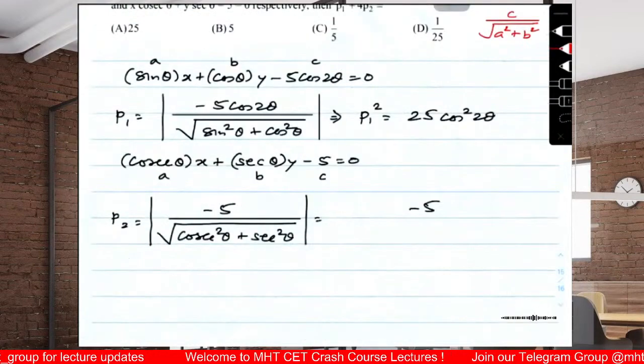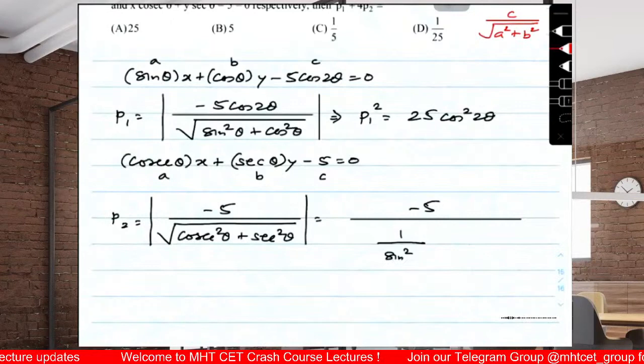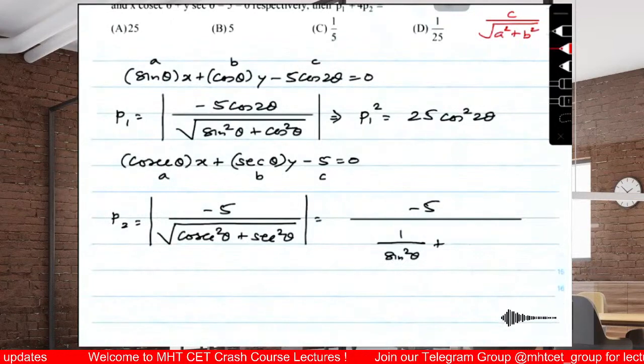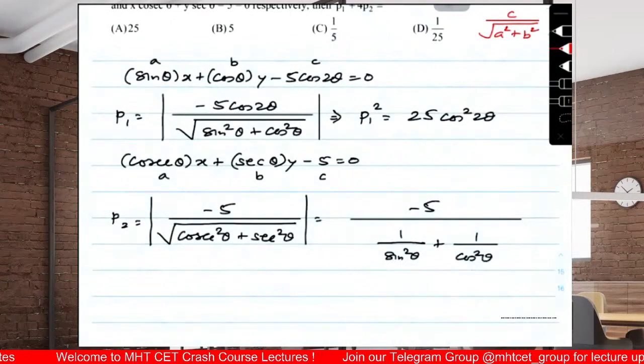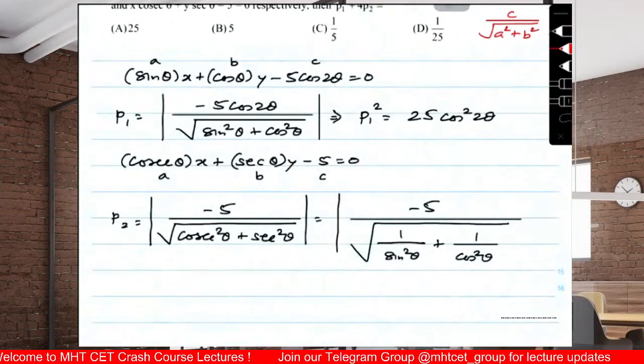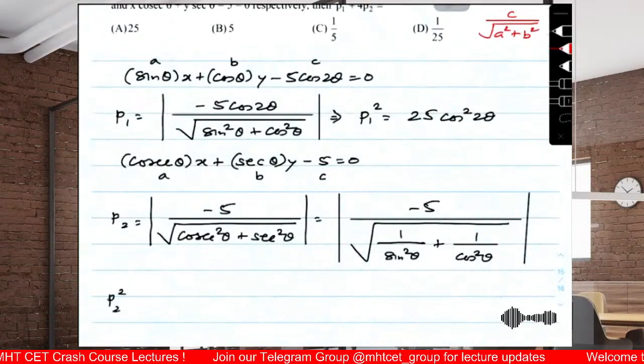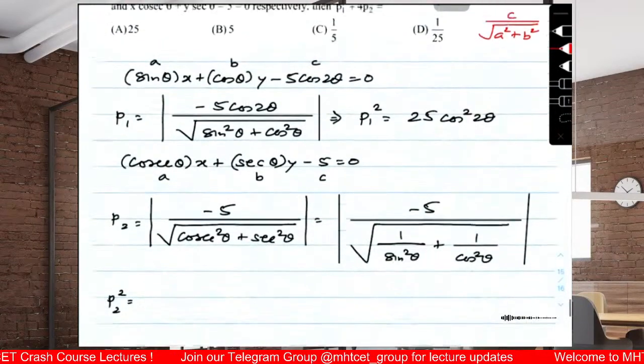Okay, so this is minus phi divided by cosec square को मैं लिख सकता हूँ 1 upon sin square. Sec square is 1 upon cos square under root in mod.